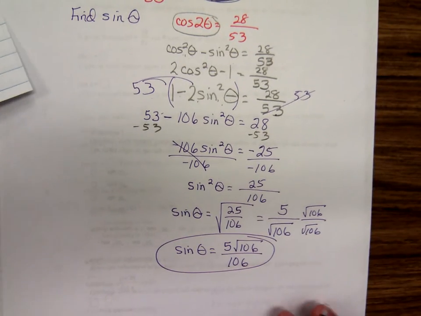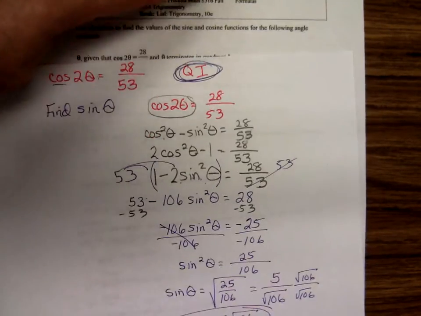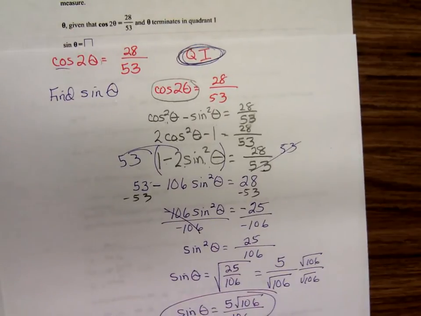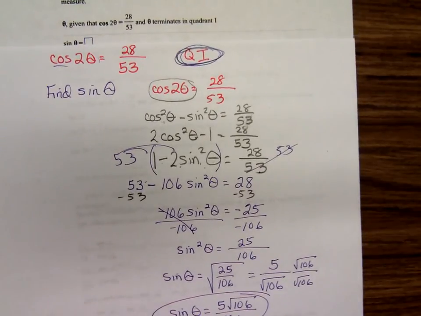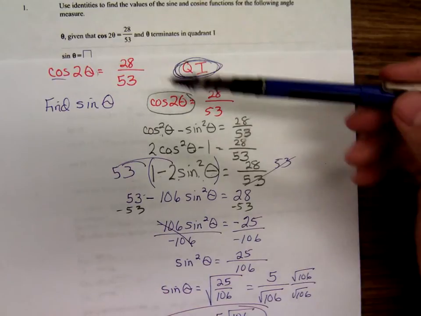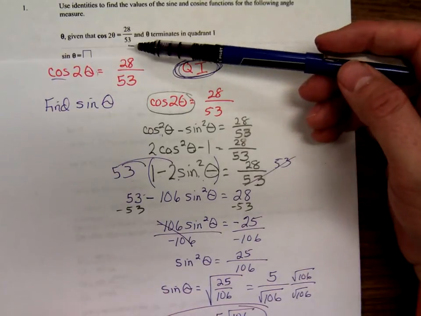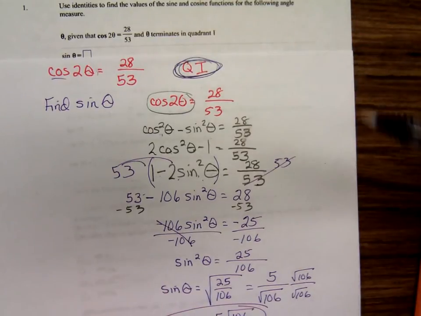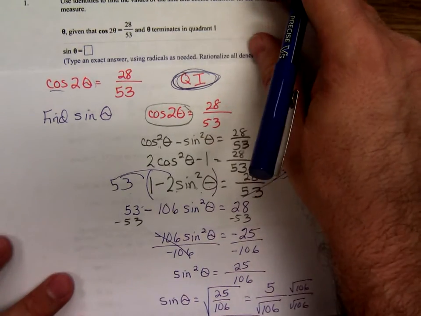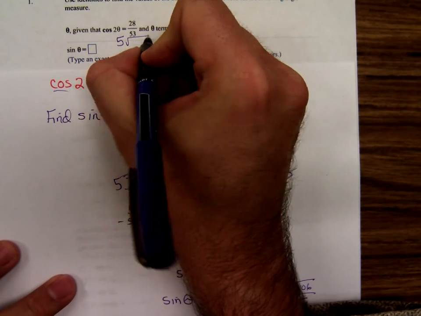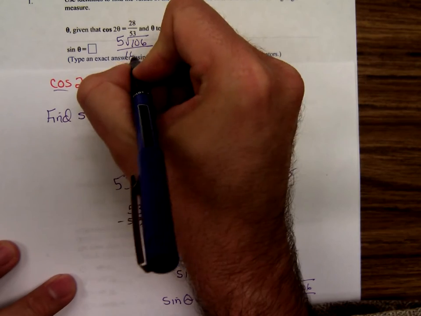And this is problem number 1. Yours are going to have different numbers, right? This is one, but I can just change that 28 over 53. Oh, and let me write the answer right there. It's 5 square root of 106 over 106.